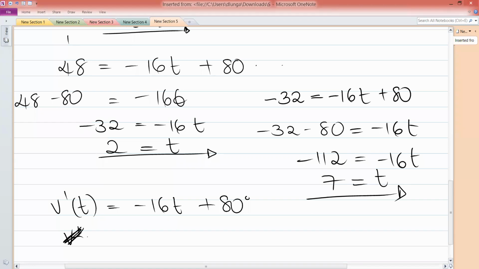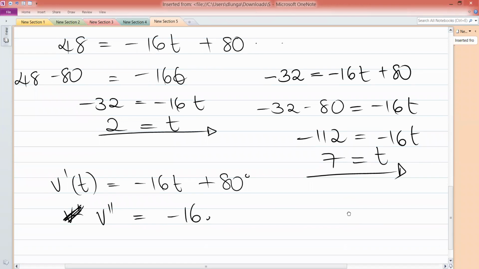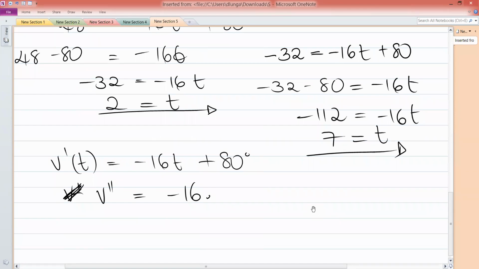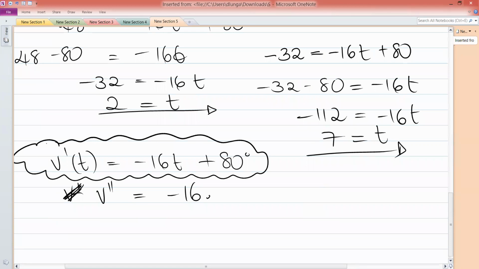Okay, so if we take the second derivative, this becomes negative 16. Does this help us in any way? No. Okay, so now, wouldn't you equate it to 0? Right, so you will take this and make it equal to 0.